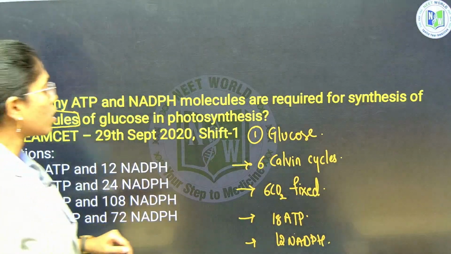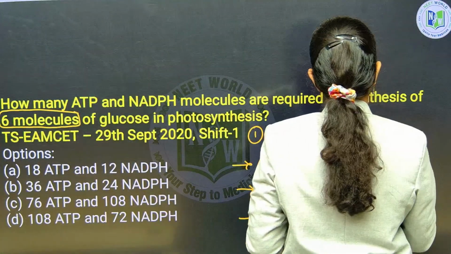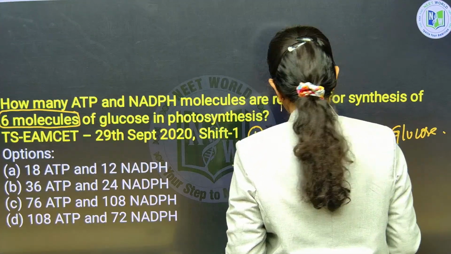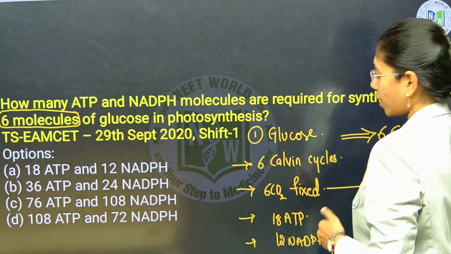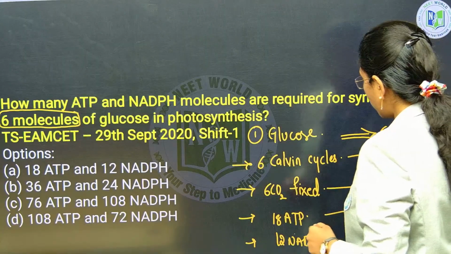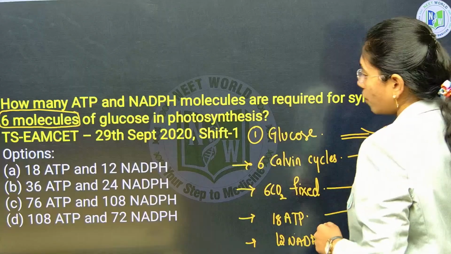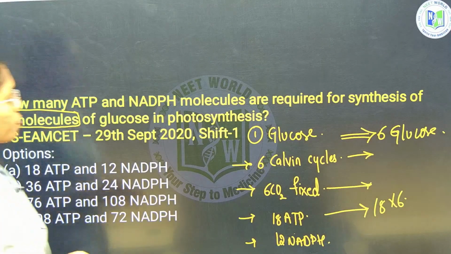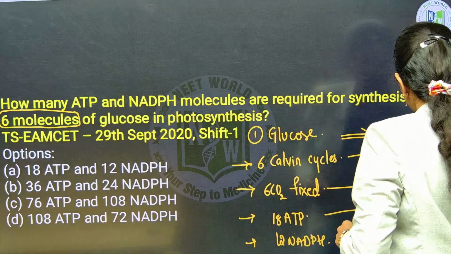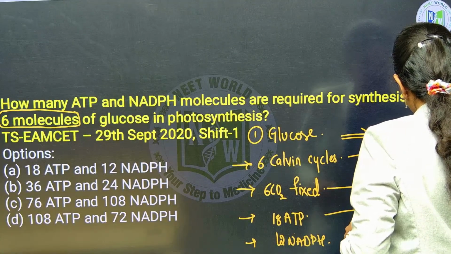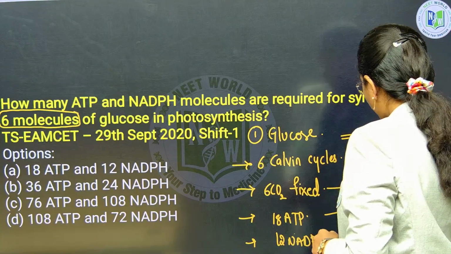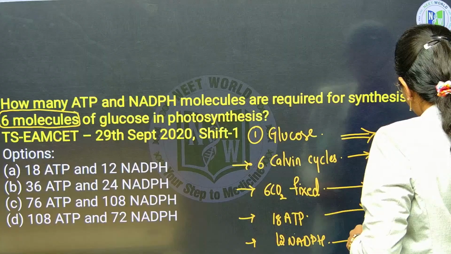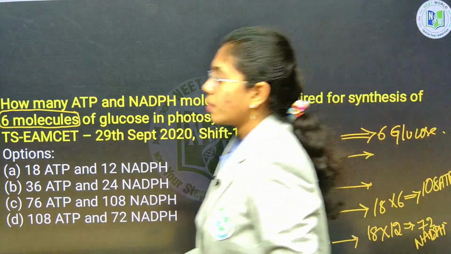For 6 molecules of glucose, 36 carbon dioxide molecules are required for fixation and 36 cycles will happen. 18 into 6 will give you the ATP answer, and 12 into 6 will give you how much NADPH is required.